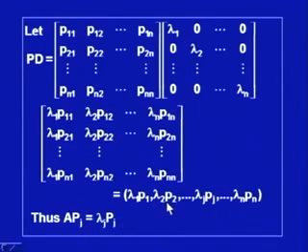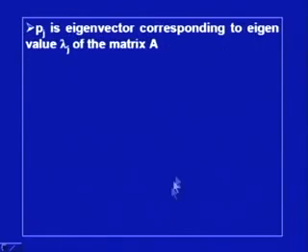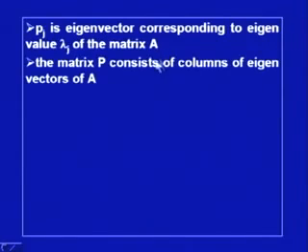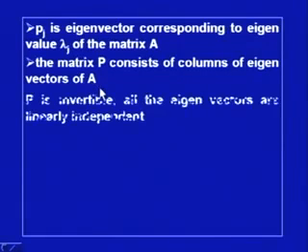And now, if we compare with the earlier expression, then APj, which we computed in the last slide, is equal to lambda j pj. So, this is lambda j pj, and what we obtained earlier is APj. Then we can say that pj is the eigenvector corresponding to eigenvalue lambda j of the matrix A, and the matrix P consists of columns of eigenvectors of A, that is what we have seen.